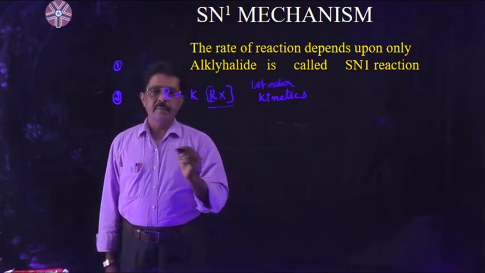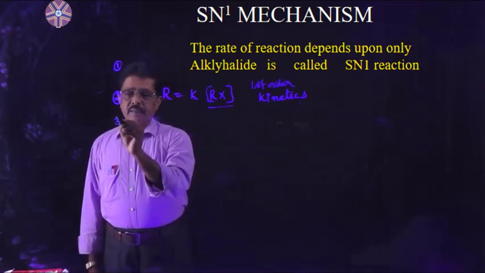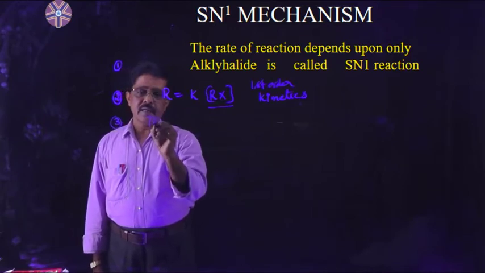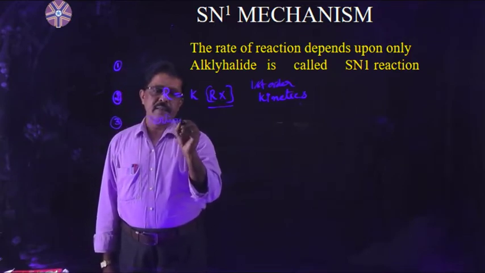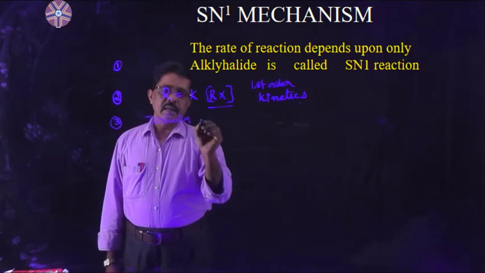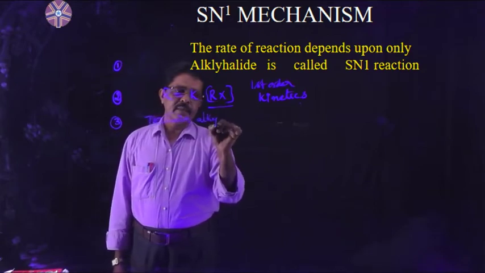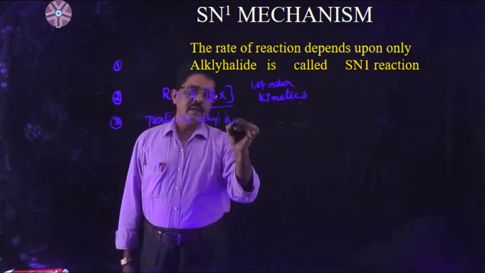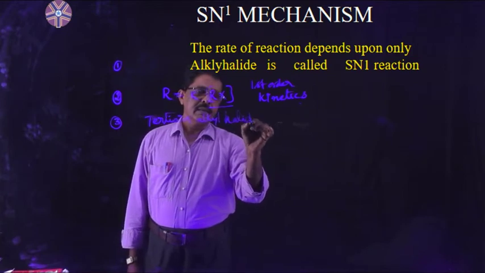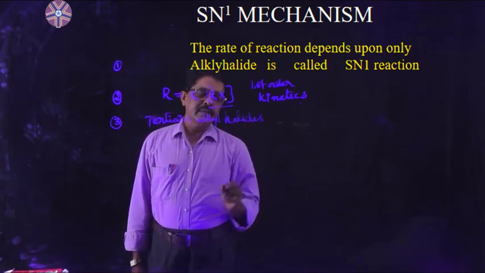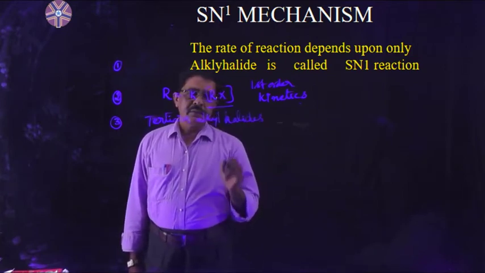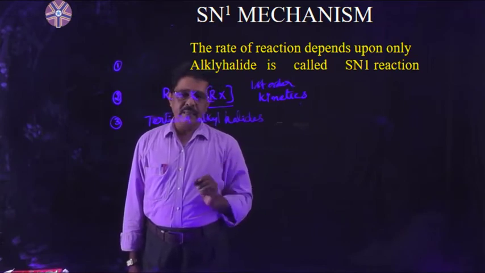For example, tertiary alkyl halides undergo SN1 reaction because they form a stable carbocation.